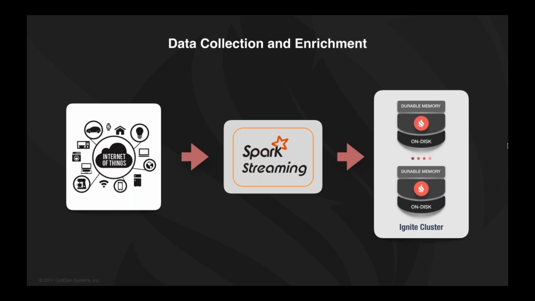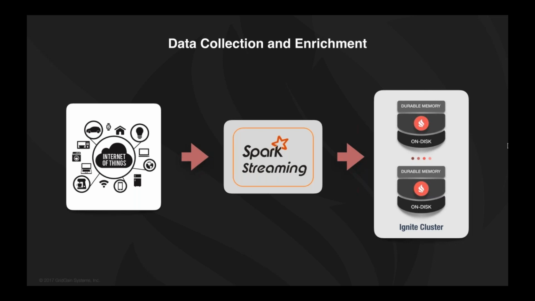And once Spark starts receiving the data from our IoT devices, it will be able to transform the data. It will be able to add some useful payload needed for your business use case. And once this task is over, it will be able to move the data further to your storage, to your Apache Ignite cluster.